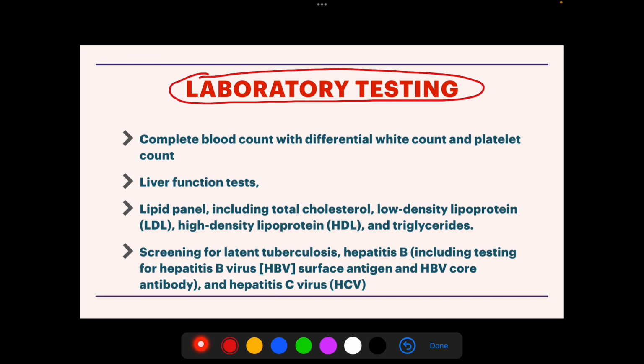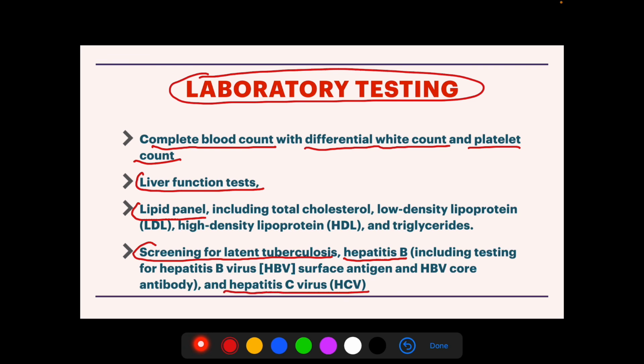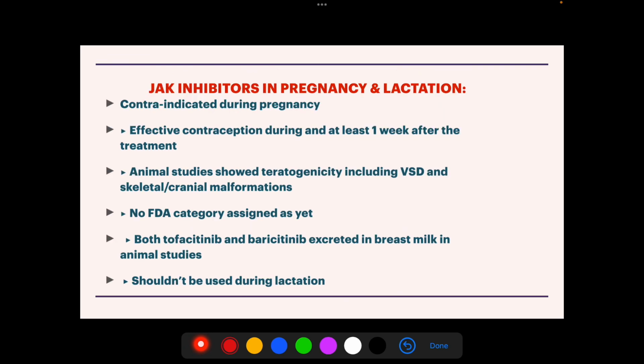For lab testing, we have to do a complete blood count with differential, white count and platelet count, liver function tests, a lipid panel including total cholesterol, LDL, HDL, and triglycerides, and screening for latent tuberculosis, hepatitis B, and hepatitis C virus.